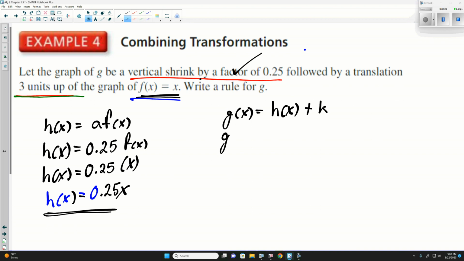Now, what is our value of k? 3. Would it be positive or negative? Positive, because we're going up. So h of x is what?